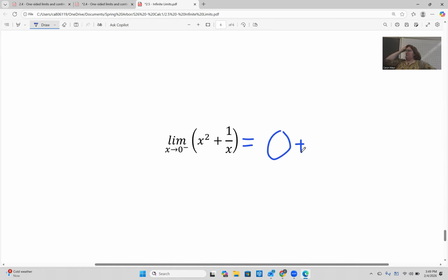No. So I need to think about what happens when I divide by 0. When I divide by 0, if I can't remove it, I get infinity or negative infinity. So now, am I going to get positive or negative infinity? We'll get negative infinity.